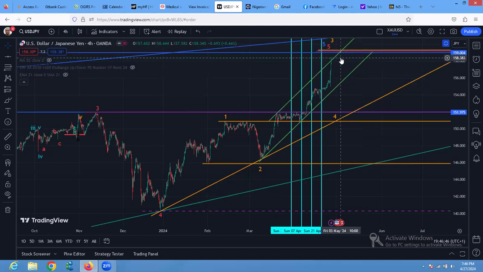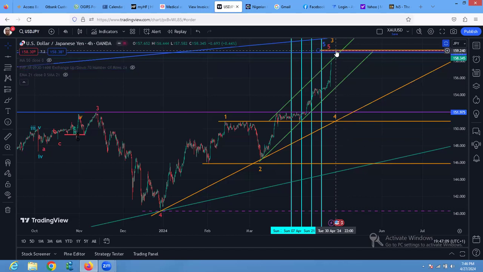But once we have that correction, we know that we are very close to where we see the reaction. So we might be seeing a reaction around this area. It's an area where you can take a small bet and see if it's not going to drag you too much into the negative before we see that reaction to the downside.